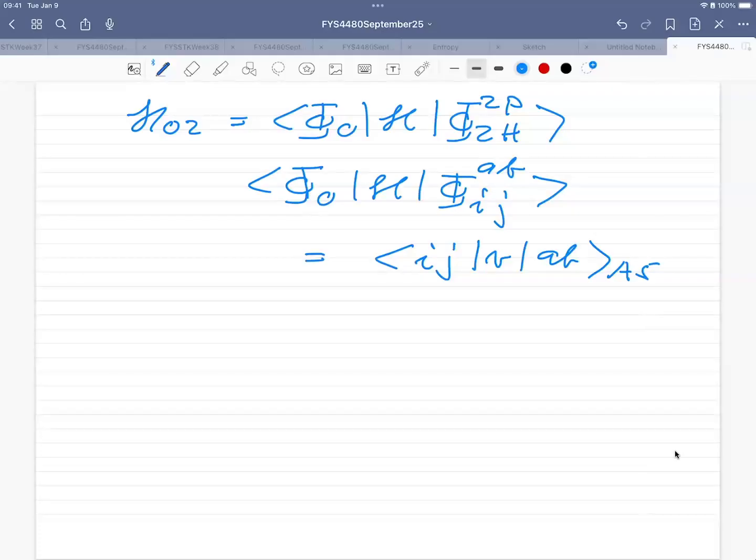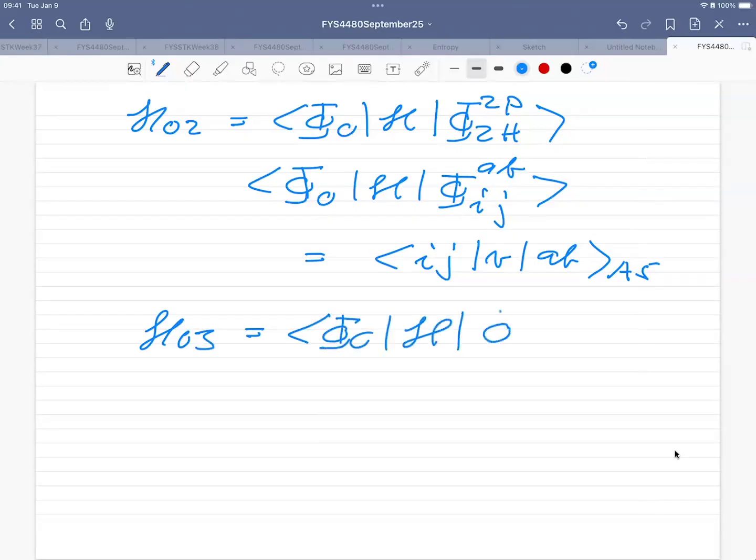Now, one thing which we also discussed last time was the case where we have a free here, which is the overlap between a free particle, free hole state. Now, the assumption we have made is that this is at most a two-body operator.